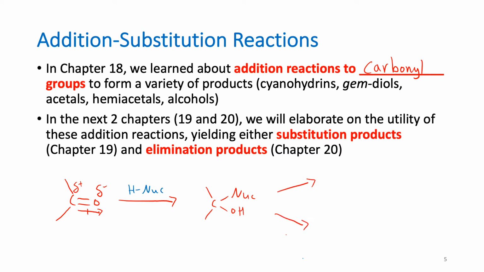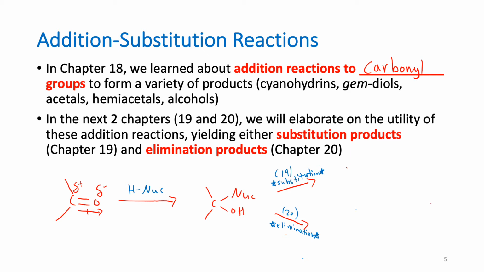And now we're going to continue on and show you what's going to happen in the next couple chapters. And what you're going to see is that in chapter 19, this is going to be the substitution version. And in chapter 20, we're going to show how elimination occurs. And the products of such reactions are shown right here.